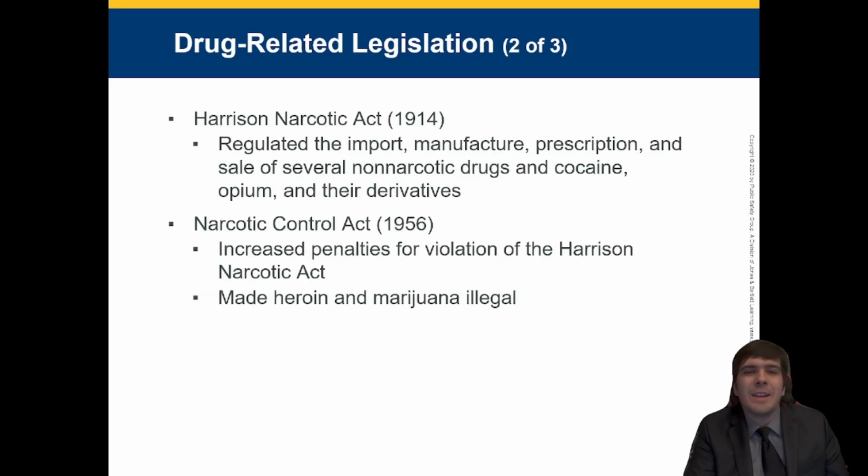The Harrison Narcotic Act of 1914 regulated the import, manufacture, prescription, and sale of several non-narcotic drugs and cocaine, opium, and their derivatives. And the Narcotic Control Act, about 42 years later, in 1956, increased penalties for violation of the Harrison Narcotic Act and made heroin and marijuana illegal.